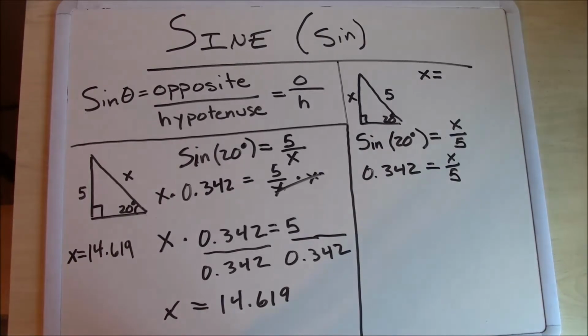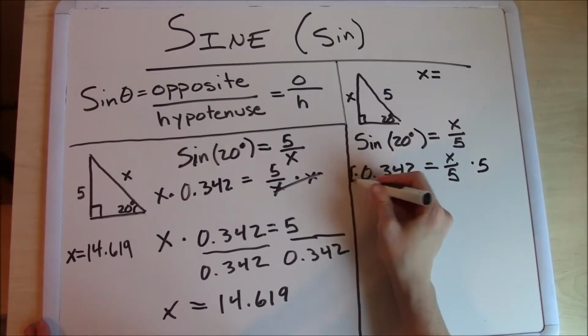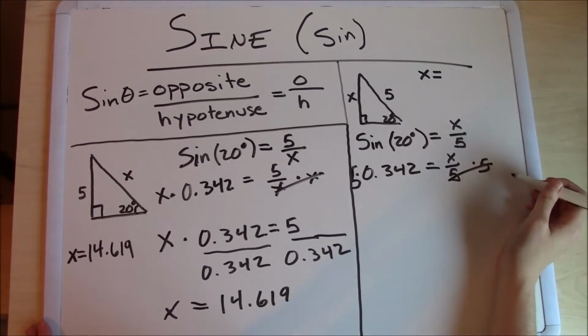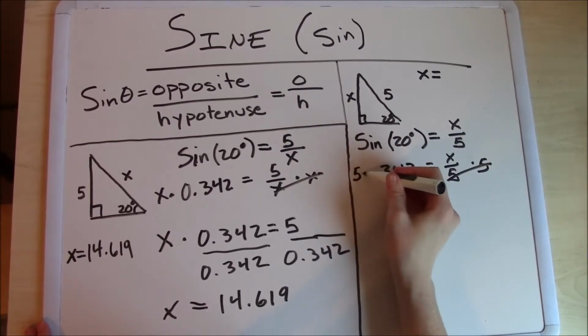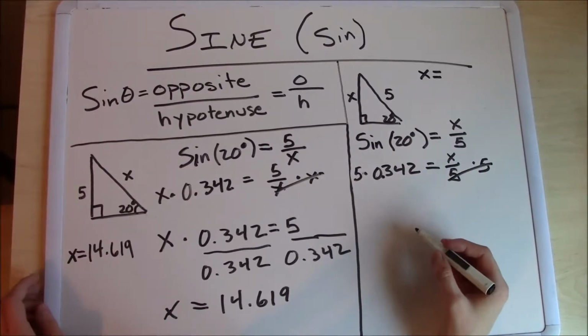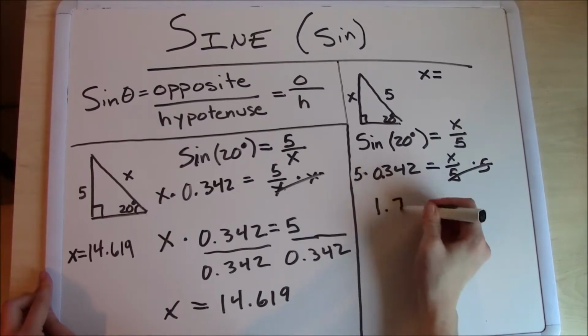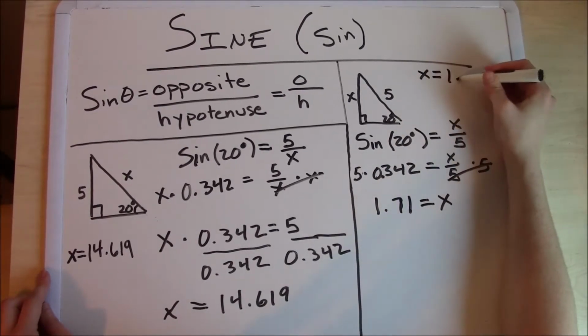We need to get rid of the fraction, so we're going to times by 5. That gets rid of that. And that is going to equal 1.71 equals x.